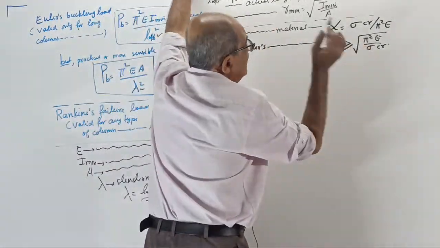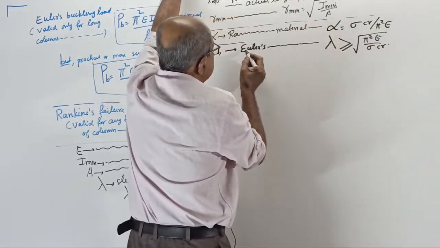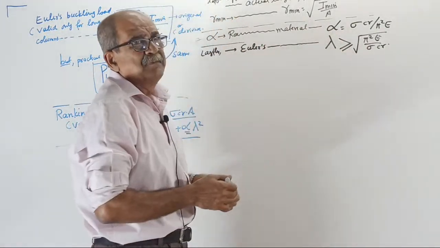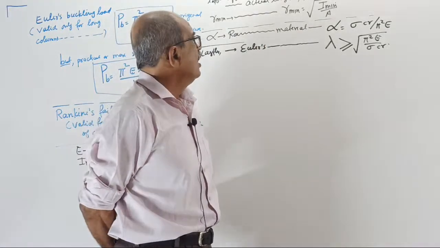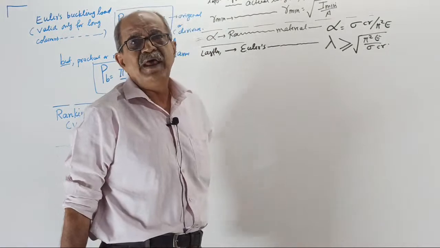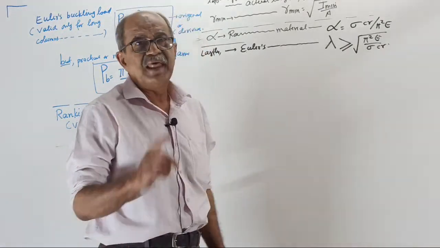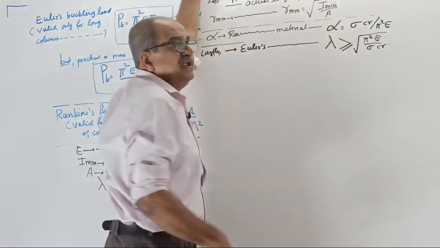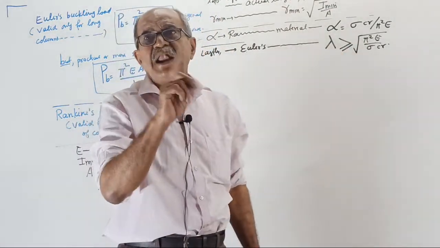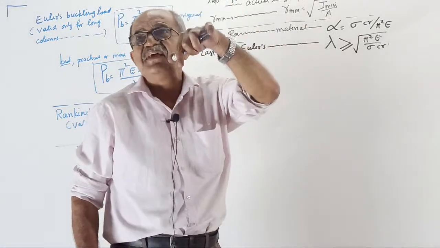And remember, Euler's formula can be applied if lambda is either equal or more than root of pi square E by sigma CR. But actually, if lambda is more, Euler's formula will not give the correct answer. Reduction factor is there.